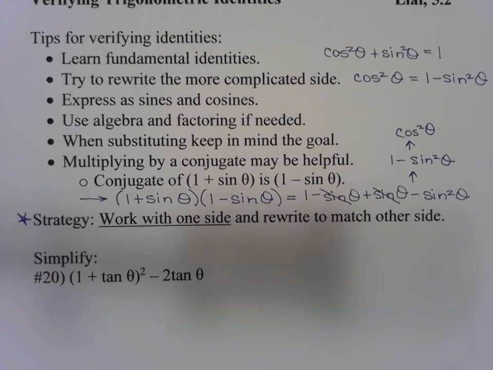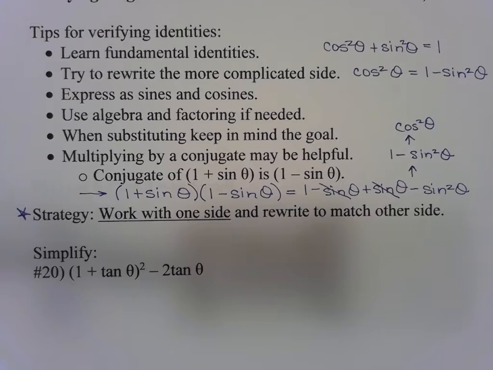Before we actually verify an identity, I thought we'd start with just some more simplifying, where we're trying to make it as simple as possible. We don't have a right-hand side. We don't have an equal sign. We're just trying to do what we can to make it simple. This one would be a really good one to use algebra for.